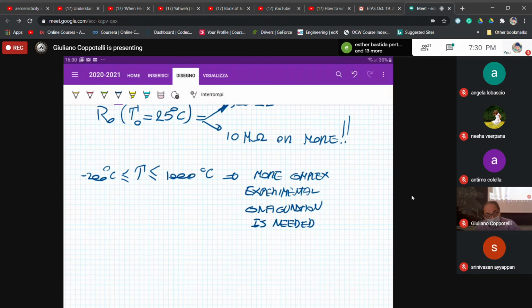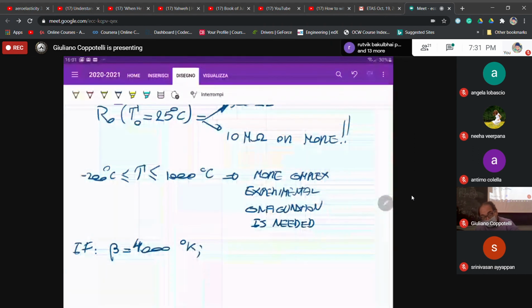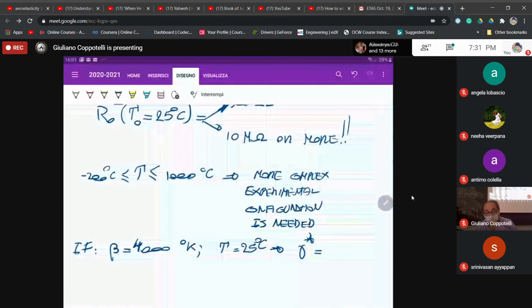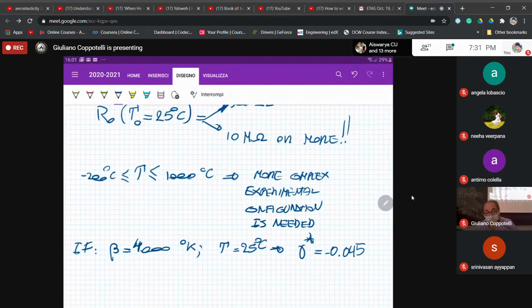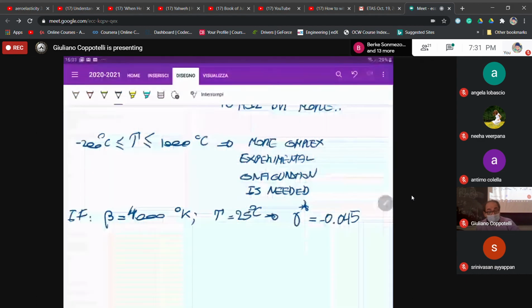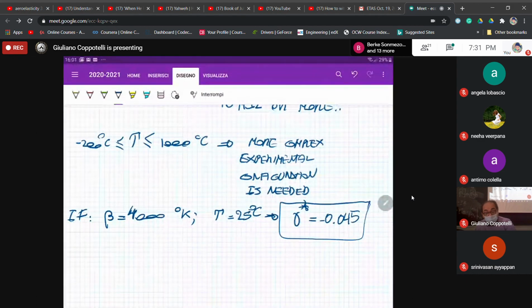Just to give you some numbers, if we assume that the beta coefficient is 4000, as we already discussed, and T0 is 25 degrees, then the gamma star, the equivalent coefficient, is negative 0.045. It is just numbers.